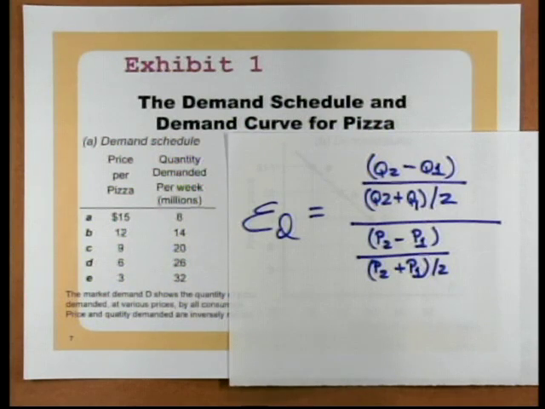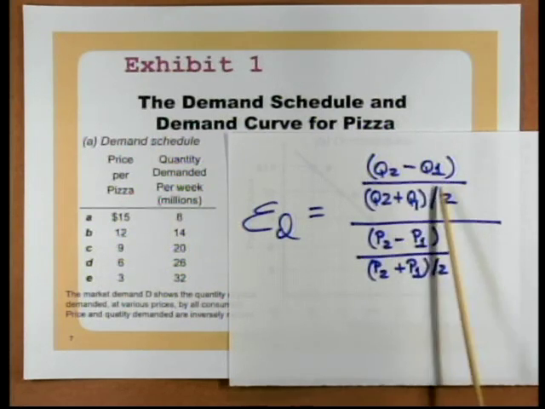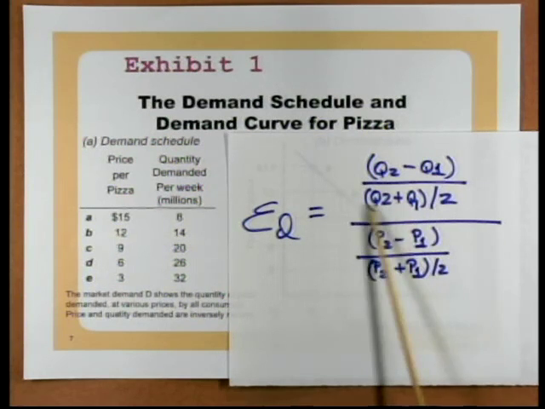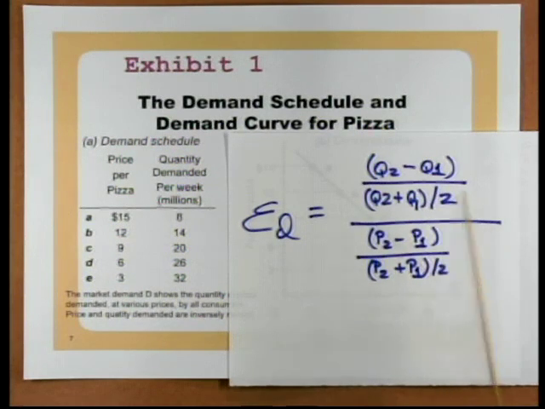Remember that when we do this calculation, we know that either the numerator or the denominator, one or the other, is going to be a negative number because price and quantity move in opposite directions. So I can choose one of them. I want to take the difference in the quantities and divide it by the average value for the quantities, because remember the formula is percentage change in quantity demanded divided by percentage change in price.